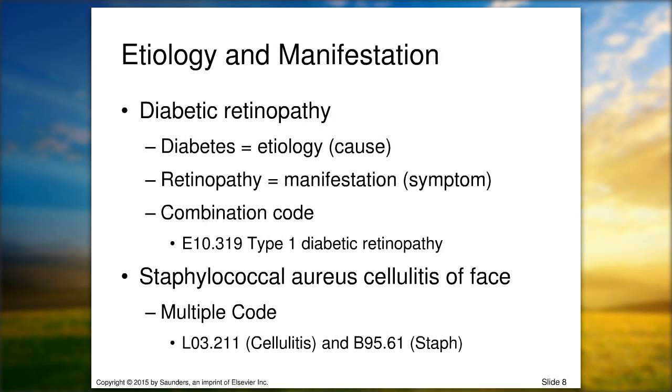So we have combination codes. Page 83 in your step-by-step book, and 84. So we have a combination code for this, and it is E10.319 for diabetic retinopathy.